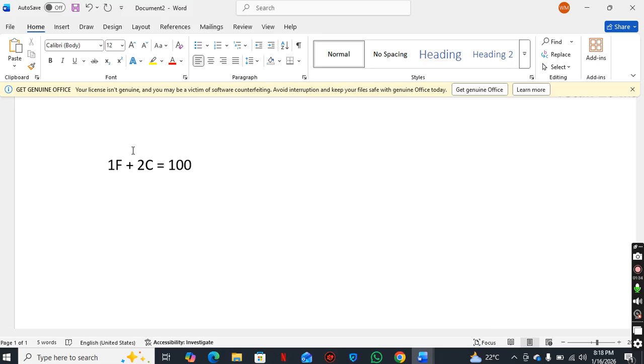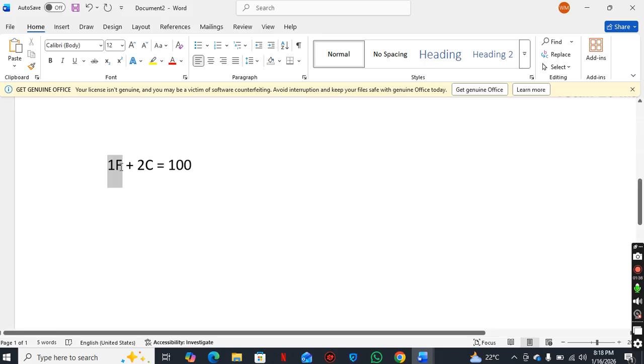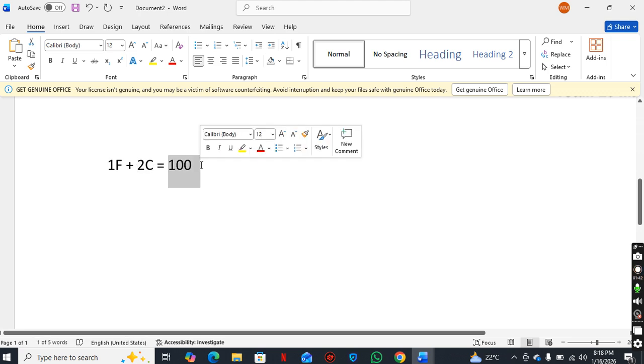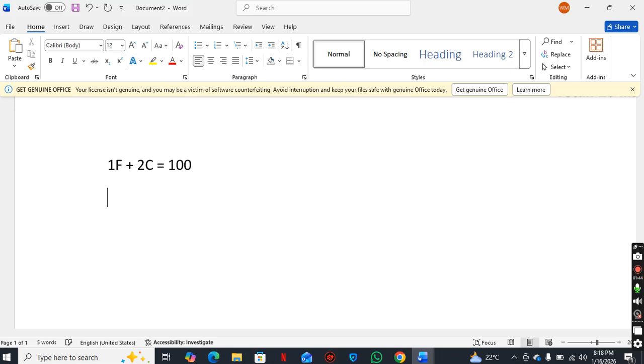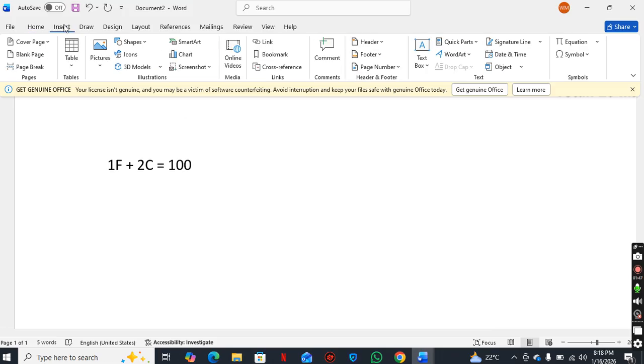So we need 1 worker to produce 1 unit of food, and we need 2 workers to produce 1 unit of clothes, and we have only a total of 100 workers. So we can make a table like this.